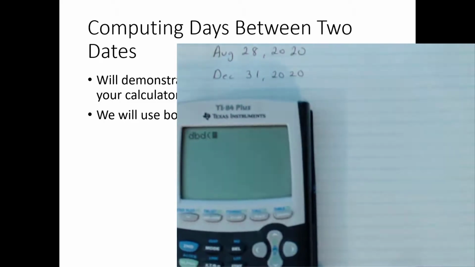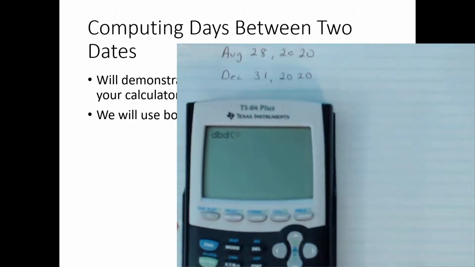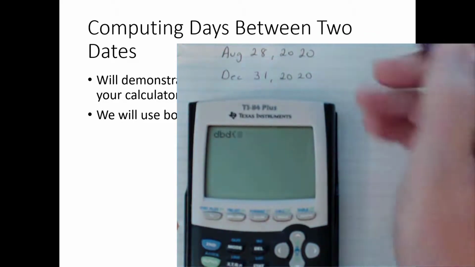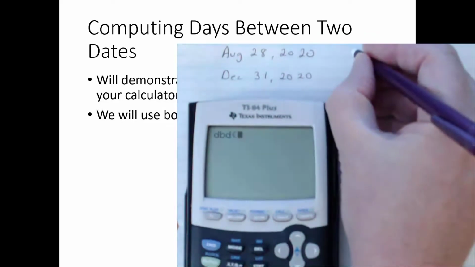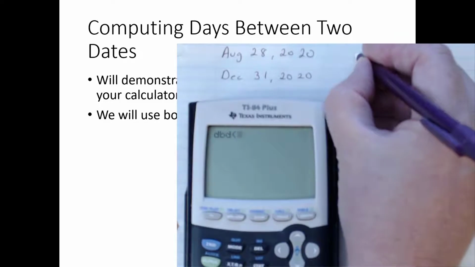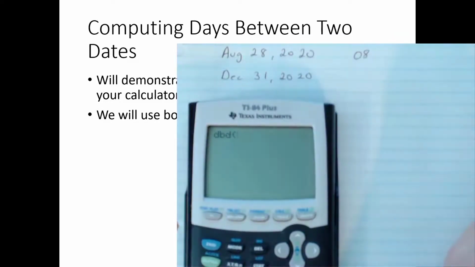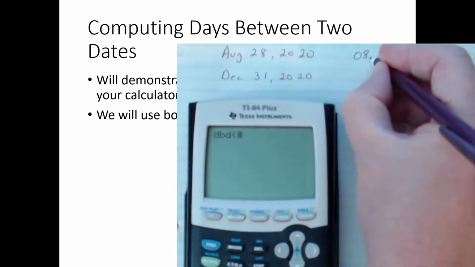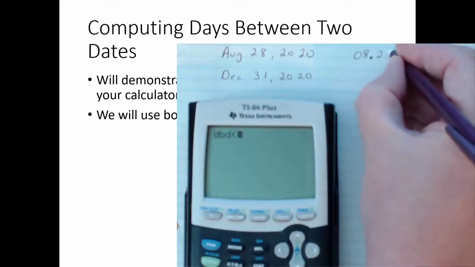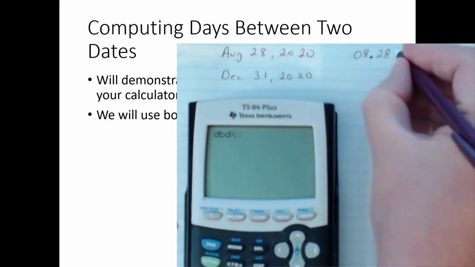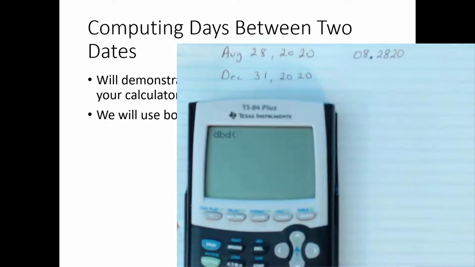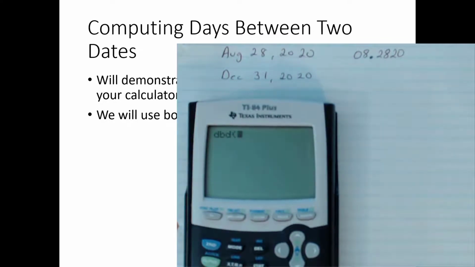I push enter, and then I get this weird, unintuitive thing, a DBD bracket. Now what the heck happens? August the 28th is written 08, because it's August, the 8th month, dot 28 for the day, and 20 for the year. Note, no second dot.